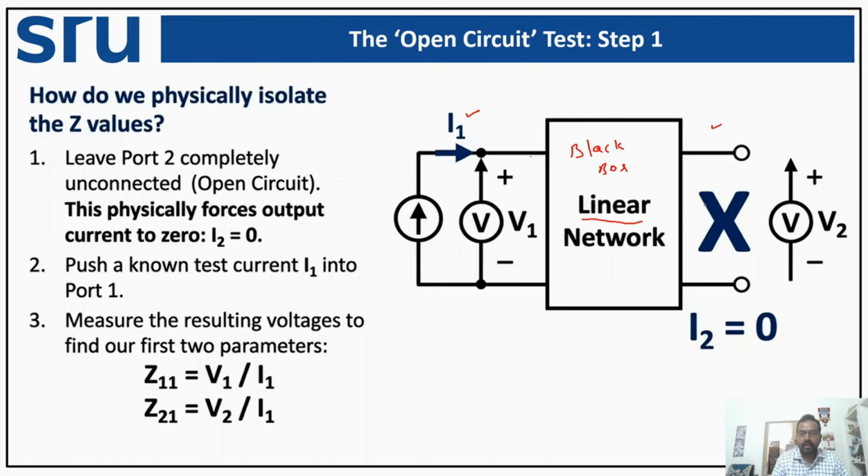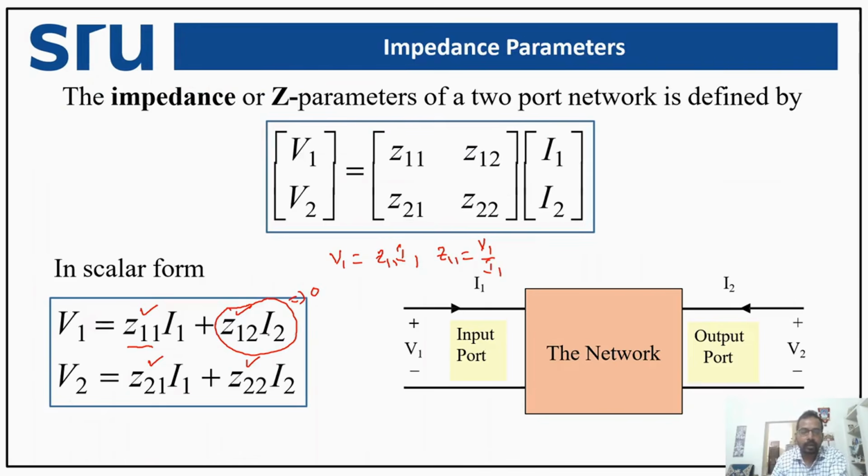But as I said, in order to find the parameters Z11 and Z21, we are trying to make this particular I2 equal to 0, nothing but we are trying to eliminate this particular term. As we cannot make Z12 equal to 0, the only option we have is I2, which is an independent term, over which we have control. So by making that I2 equal to 0, these two terms become 0.